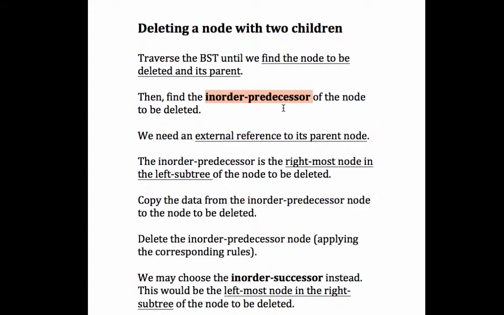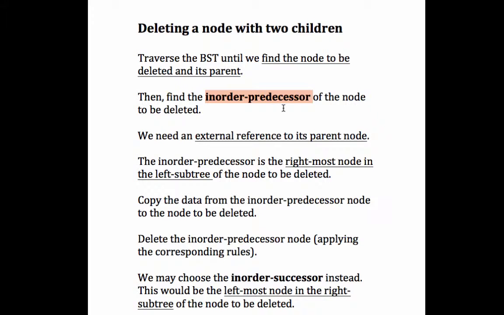So what is an in-order predecessor? First, we're going to use this node, the in-order predecessor node, to replace the node that we want to delete. Second, the in-order predecessor is the node that will precede the node that we want to delete if you were to traverse the tree in order.